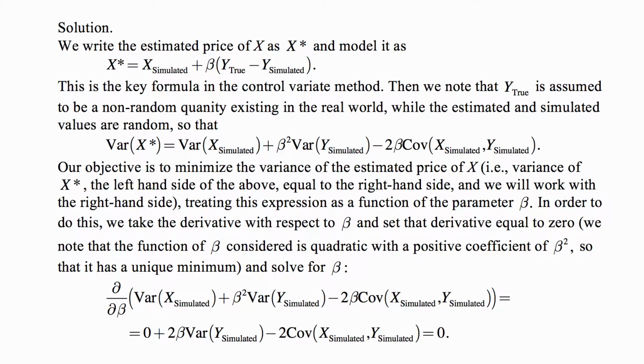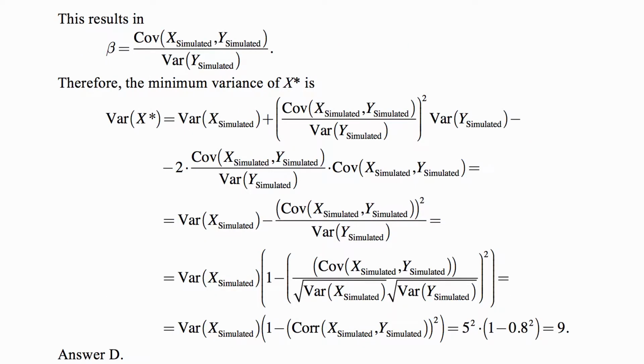So we take the derivative, and what do we get? 0 plus 2 beta variance of Y simulated minus 2 covariance of X simulated and Y simulated, set equal to 0. From this, beta is equal to the covariance of X simulated and Y simulated divided by the variance of Y simulated.